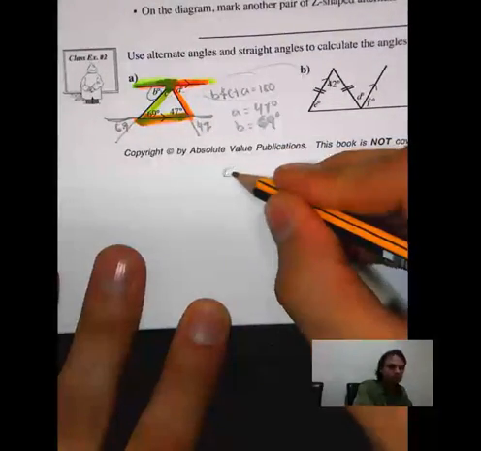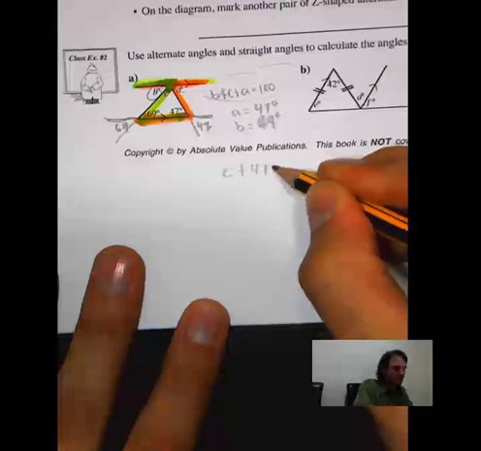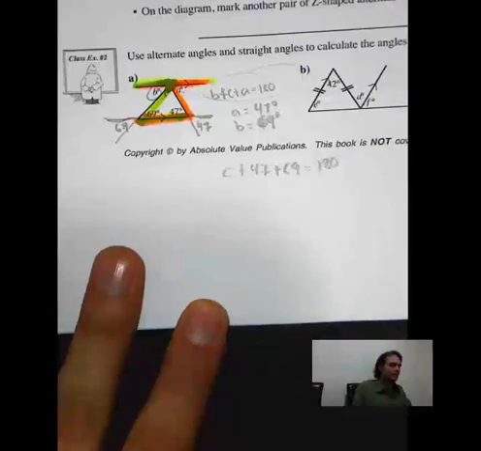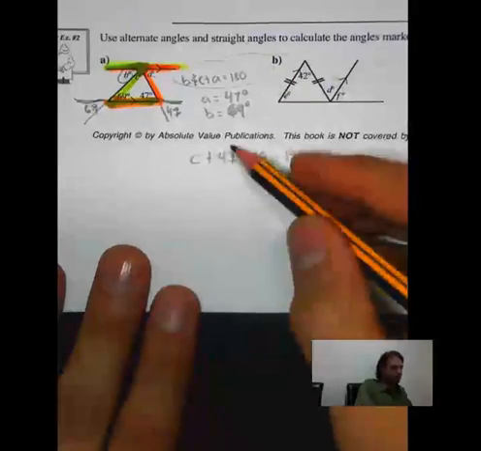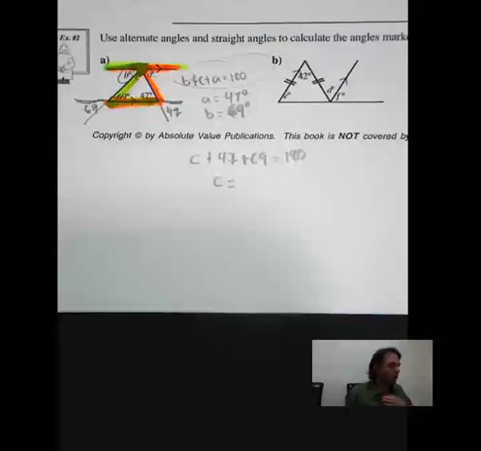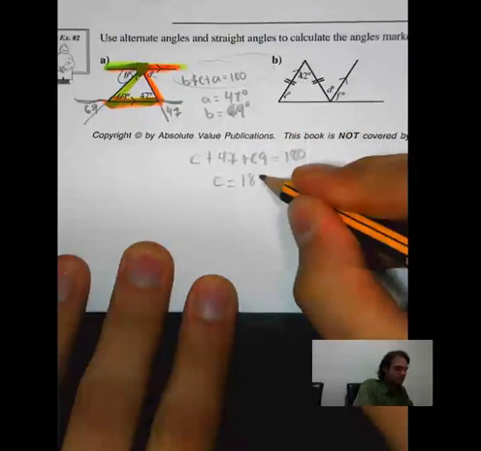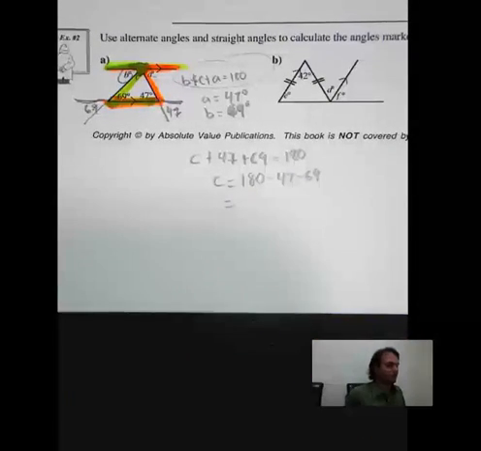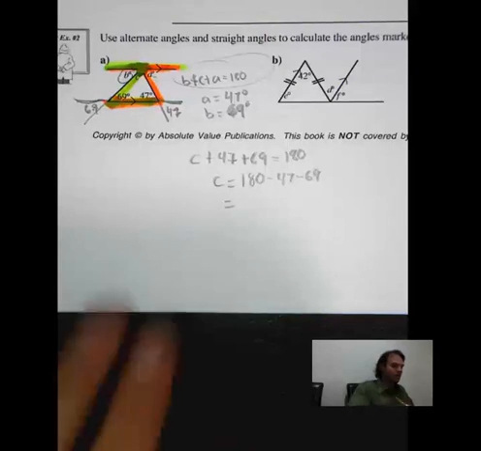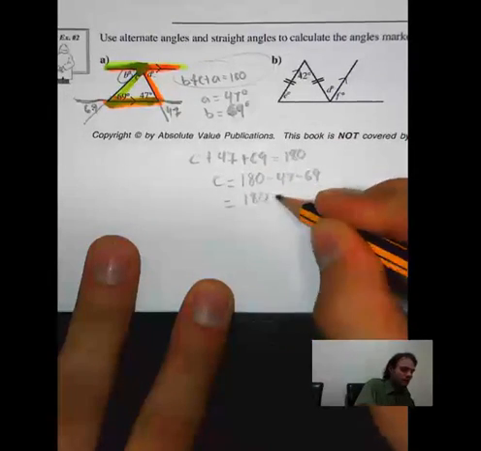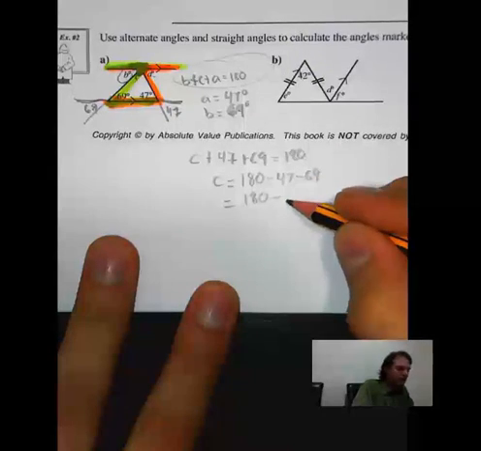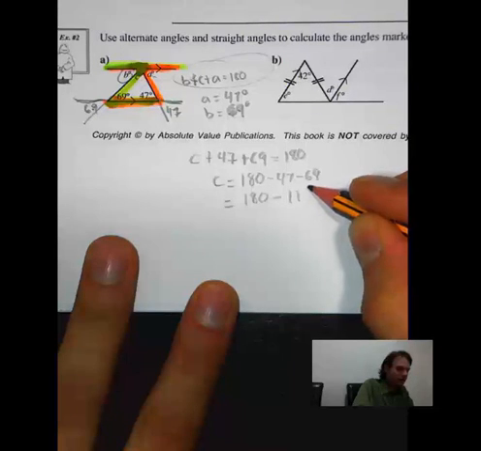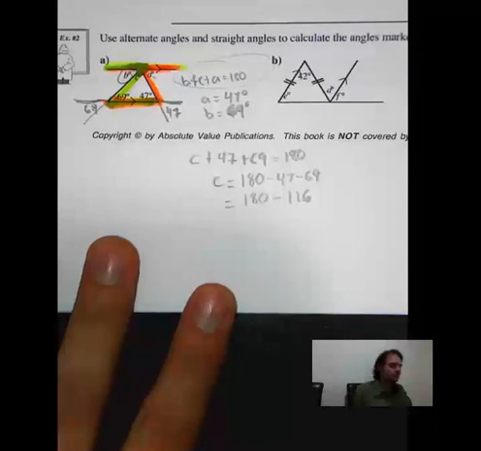Now, we look back at this, I know what B and A are. So I have C plus 47, which is A, plus 69, which is B, is equal to 180. Well, what does that make? C is equal to 180 minus 47 minus 69. 47 plus 69 is going to give me 116, okay?